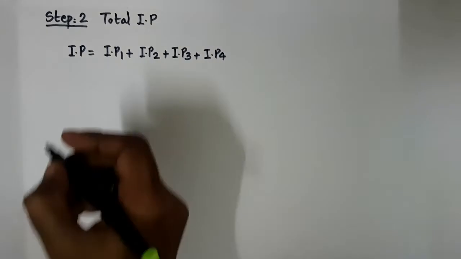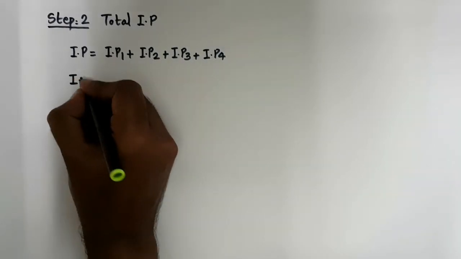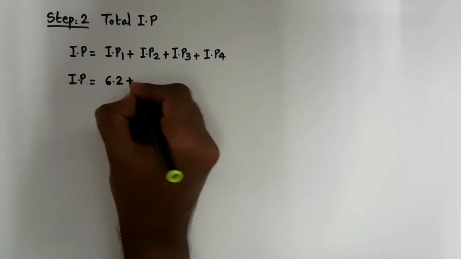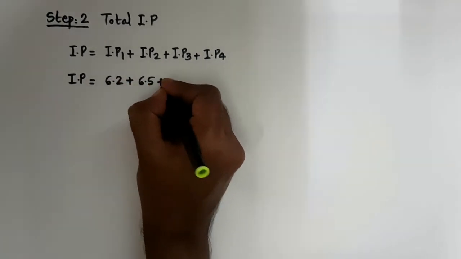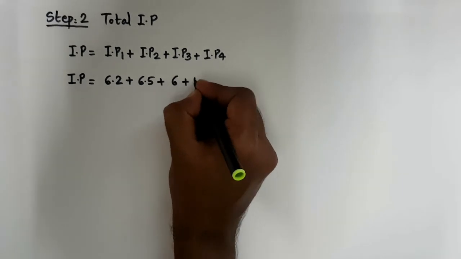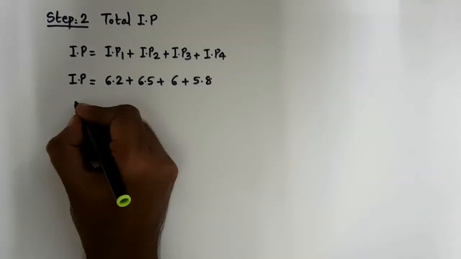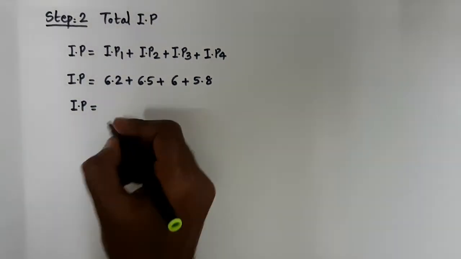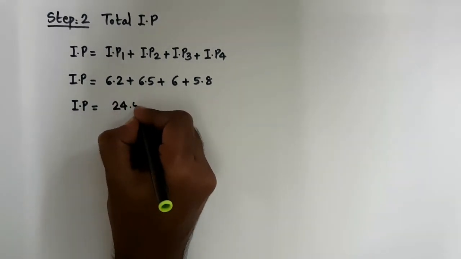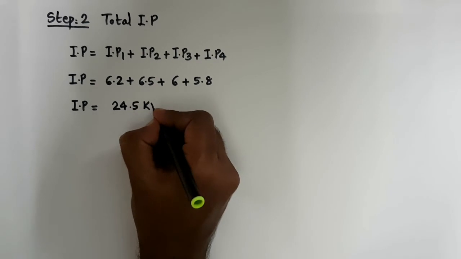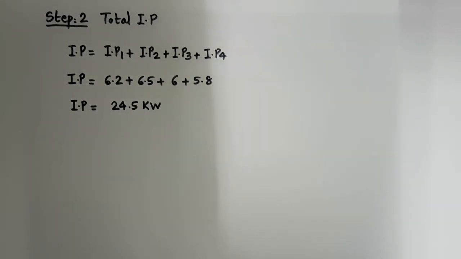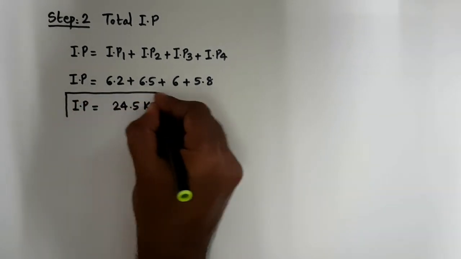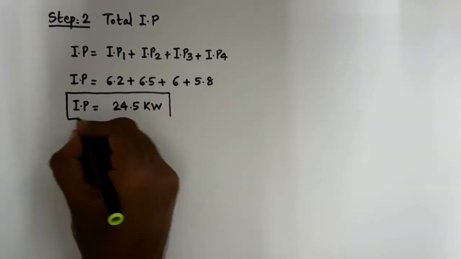For this we will add all the values: 6.2, 6.5, 6, then 5.8. So after calculation we got 24.5 kilowatt. This is the important thing that is asked in your question.